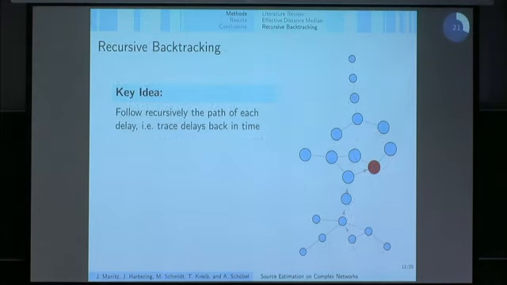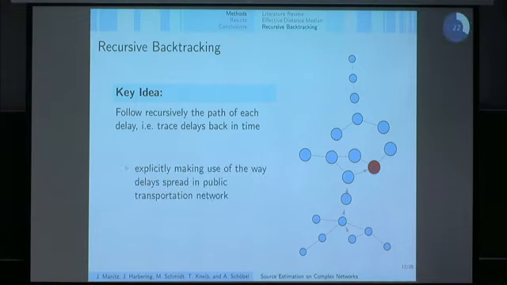Okay, so looking at the second method, this one is constructed a little differently, and it's specifically designed for train delays. So here we follow recursively the path of each delay along the network. So we kind of trace delay along the network links. So that's explicitly making use of the way delays spread in a public transportation network.